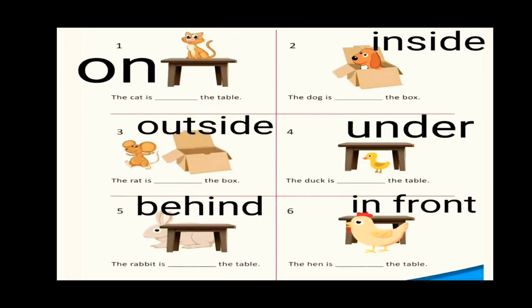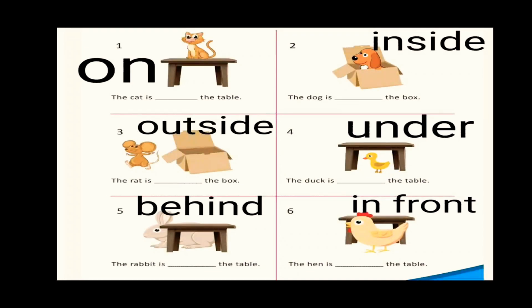So, on when one thing is on top of another thing. In when one thing is covered by another thing from all the sides. Outside when one thing is not covered by another thing. They are placed differently. Under when one thing is placed at a lower position as compared to another thing.